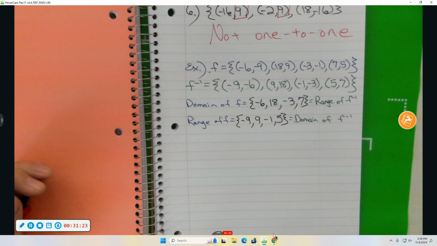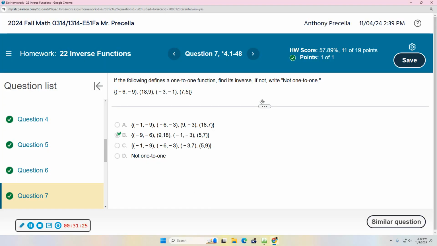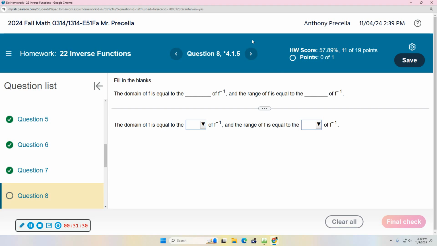So with that in mind, number 8, the domain of f is equal to the blank of f inverse, and the range of f is equal to the blank of f inverse.